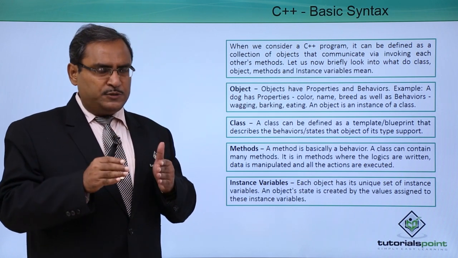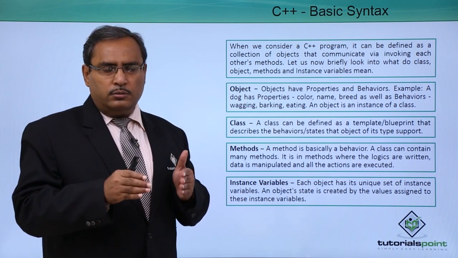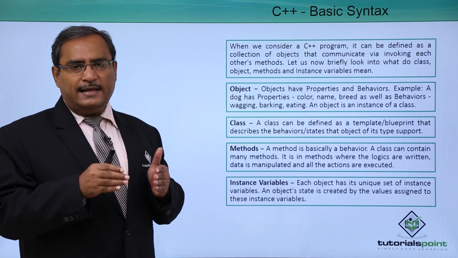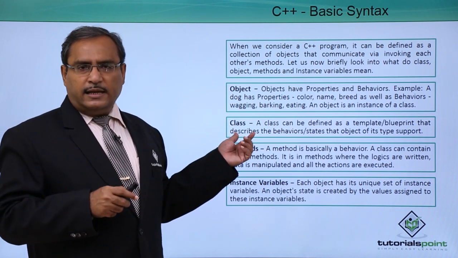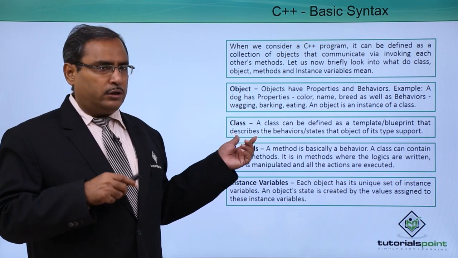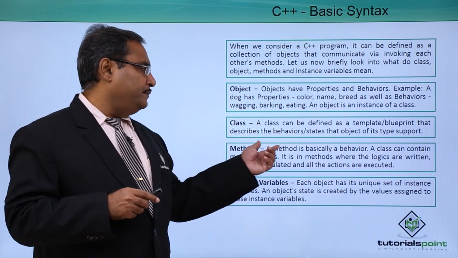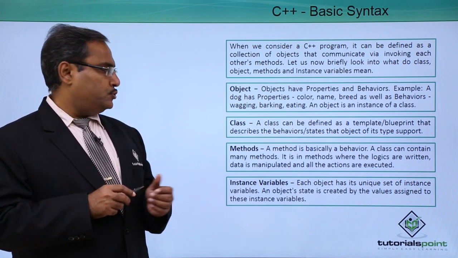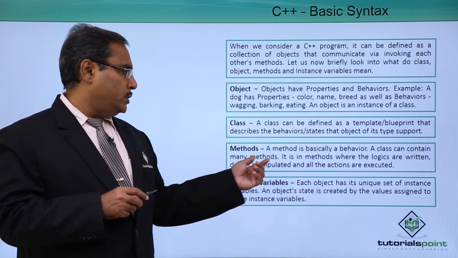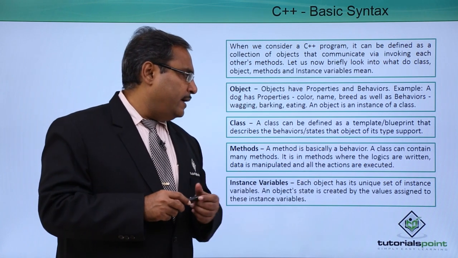Whenever memory space is allocated, we usually call this instance or instantiation. And a class is a blueprint or template that describes the behavior and states that objects of its type support.